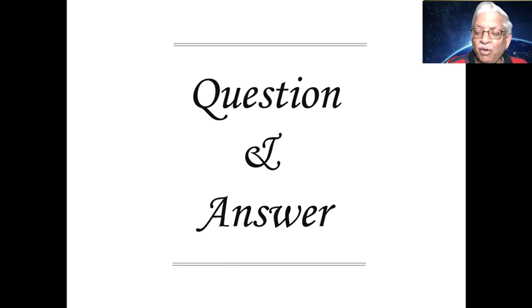Just now I was explaining to you about ignorance. That causal state is the state where I don't know anything in the world. Neither do I know the world, nor do I know myself. So that is what are called the three states.